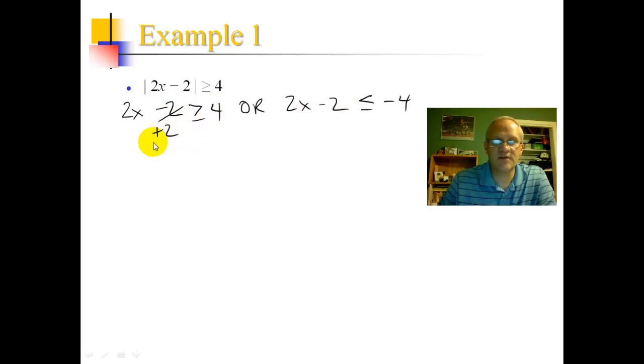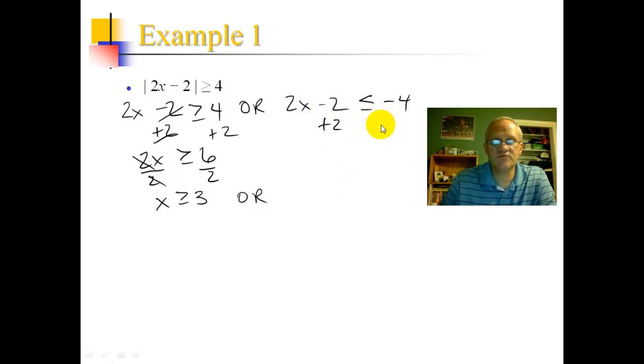So plus 2 to cancel that out, plus 2. Now I have 2x is greater than or equal to 6. Divide by 2, and x is greater than or equal to 3. Or, then the other side gets the same steps.